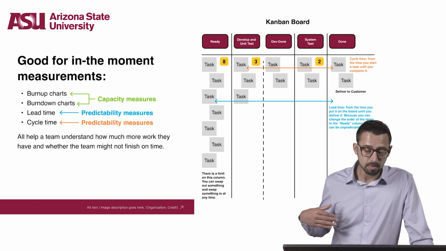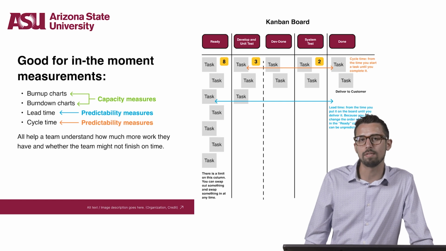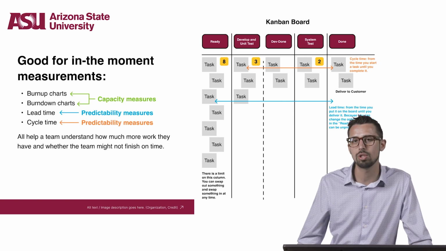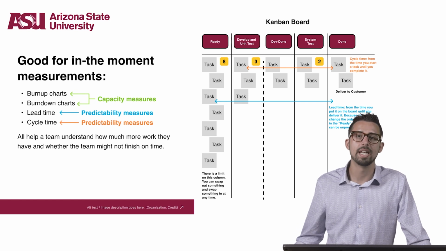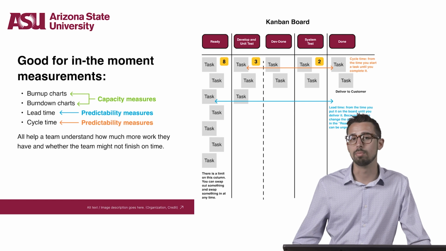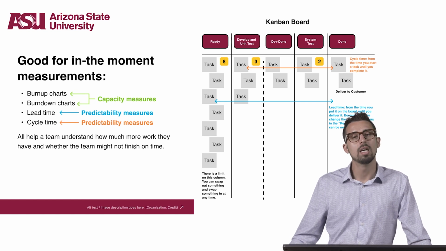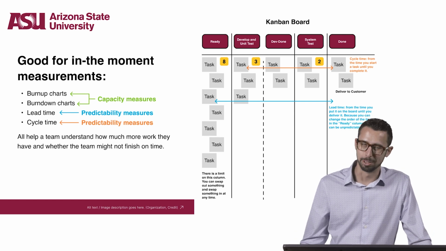Again, in this example, the amount of time it takes to move something from the develop and unit test column to the done column is that task's cycle time. And each task is unique, so its cycle time will also be unique. However, a project manager might notice that smaller tasks have smaller cycle times.